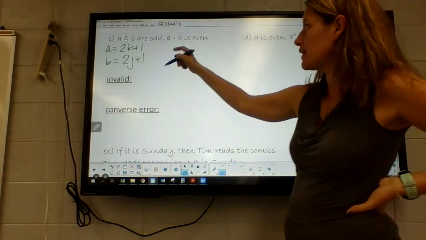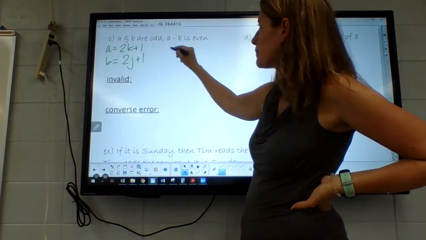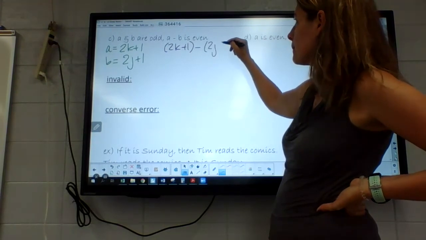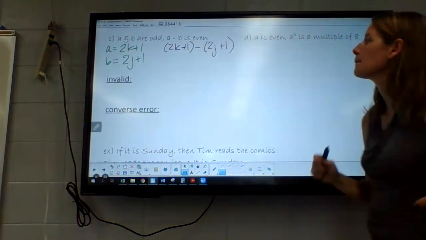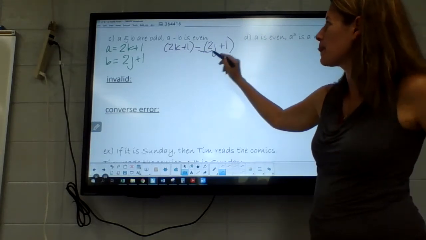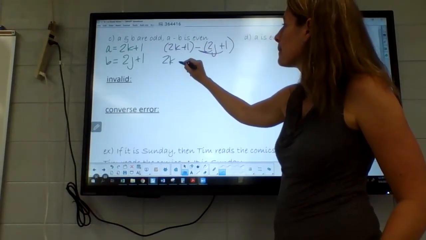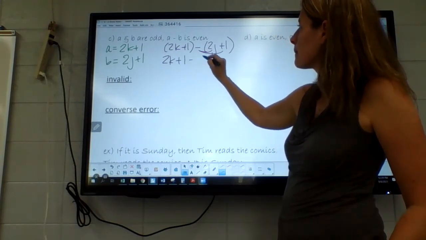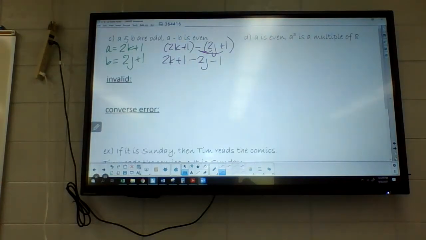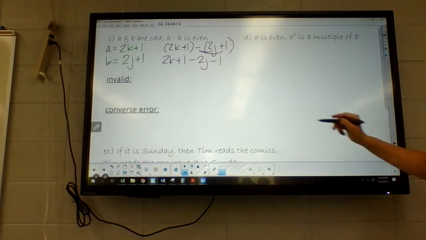So we're going to rewrite this and write A minus B. Subtracting A and B, I'd have to distribute that negative in. So what am I left with? 2k minus 2j.